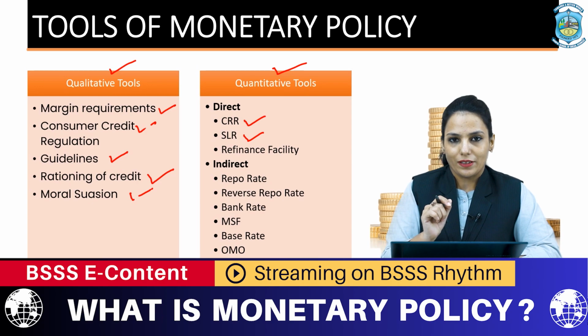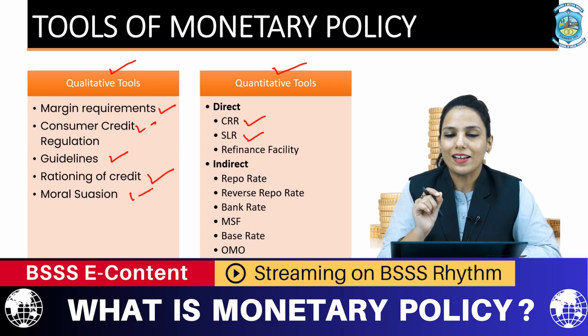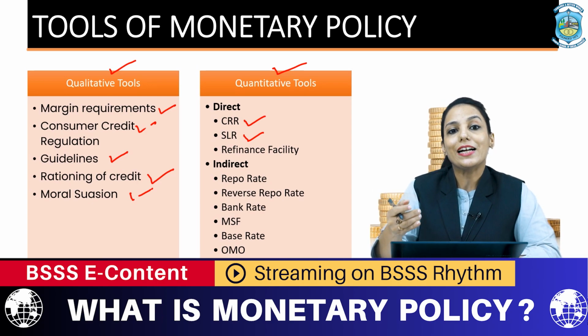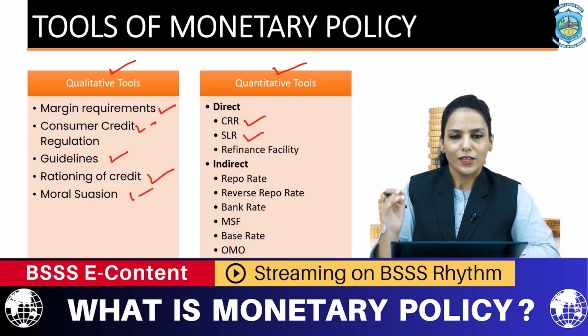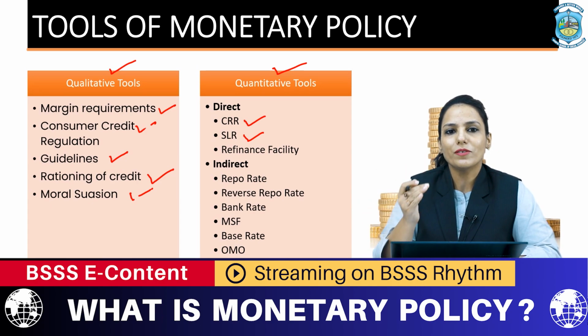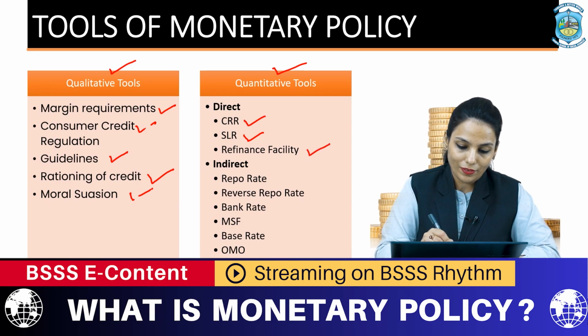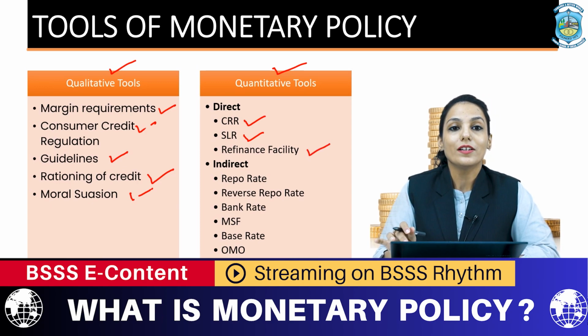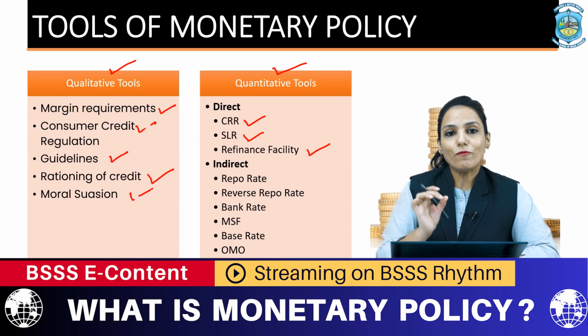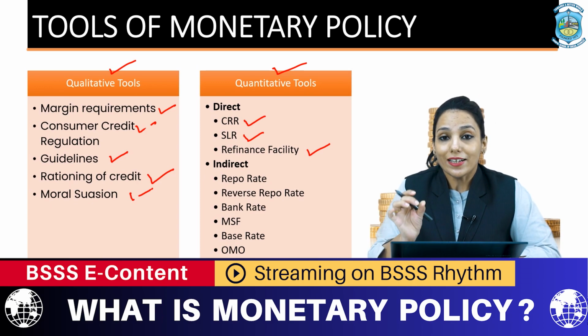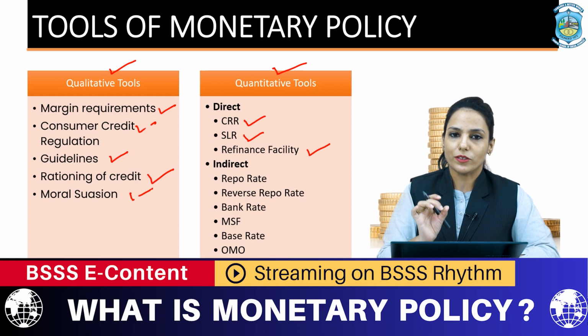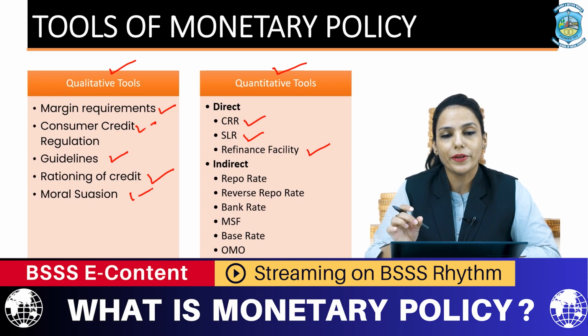The money invested in SLR is mostly in government securities, which means the banks do receive something in return as interest. Then comes the refinance facilities. Refinance facilities are sector-specific refinance facilities which are given by the RBI to banks.